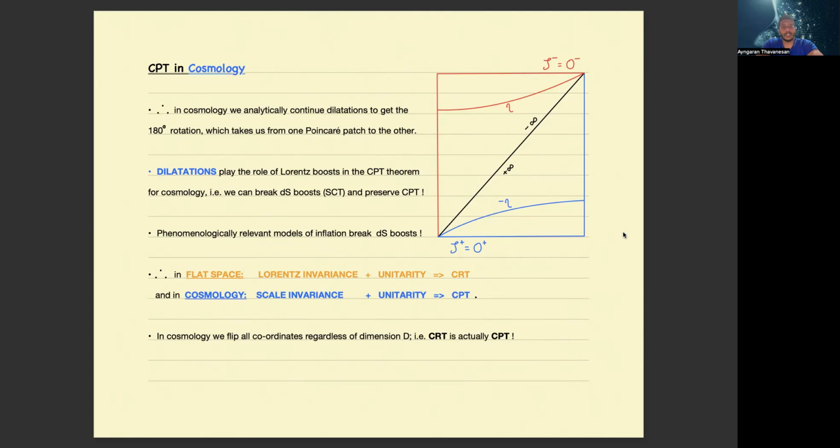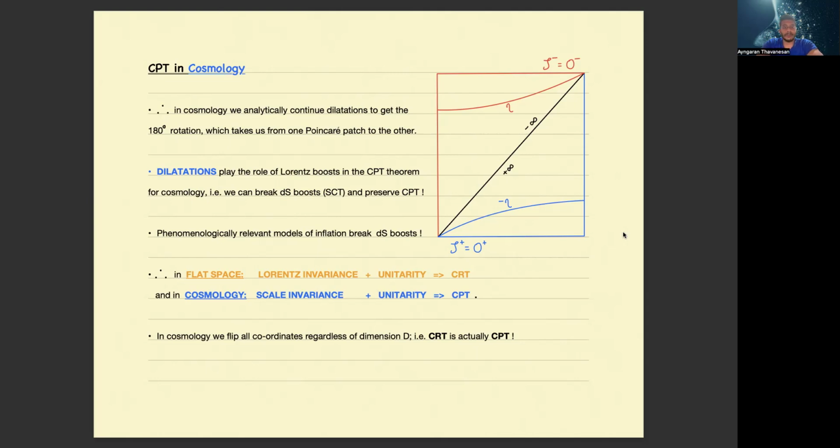Therefore, in flat space, we have the CPT theorem that Lorentz invariance plus unitarity implies CRT, but in cosmology, we have that dilatations, or scale invariance, and unitarity implies CPT. And the reason why I say CPT in cosmology is because dilatations always flip all the coordinates, and therefore, regardless of dimension, you always get CPT.